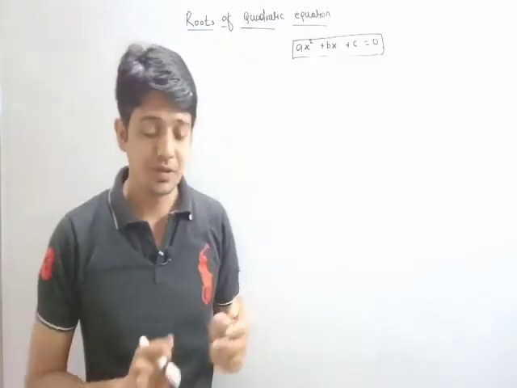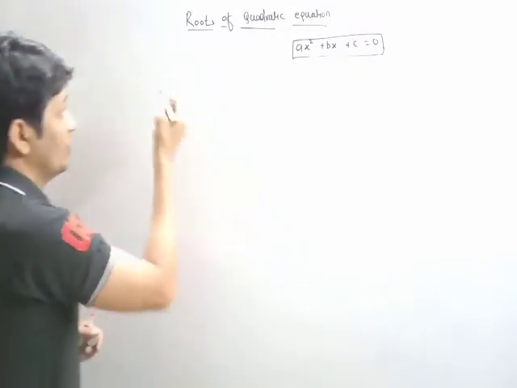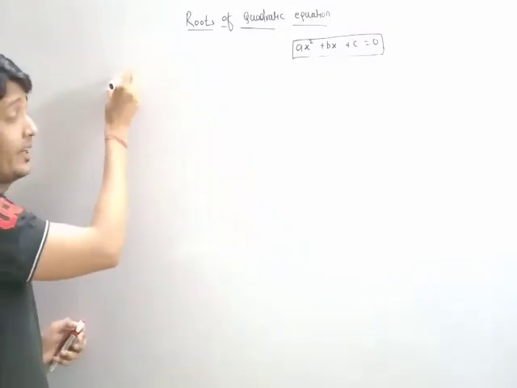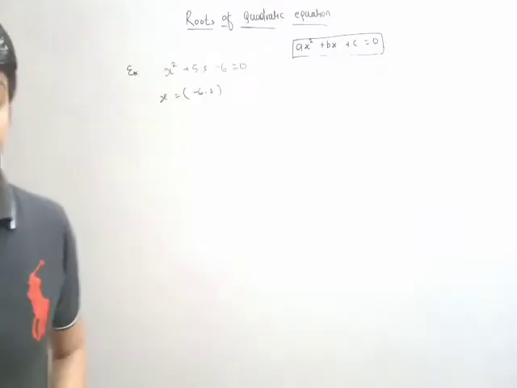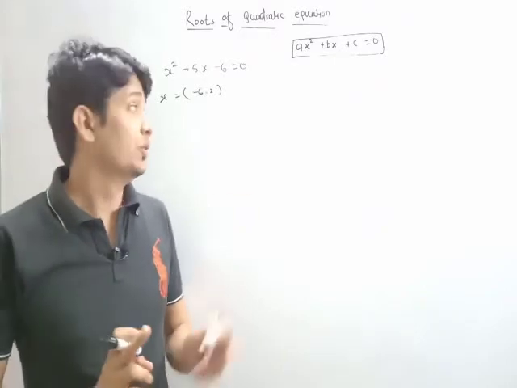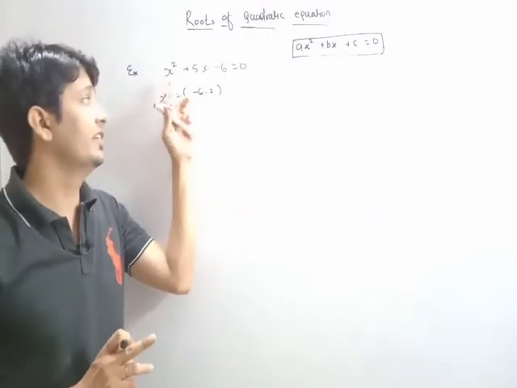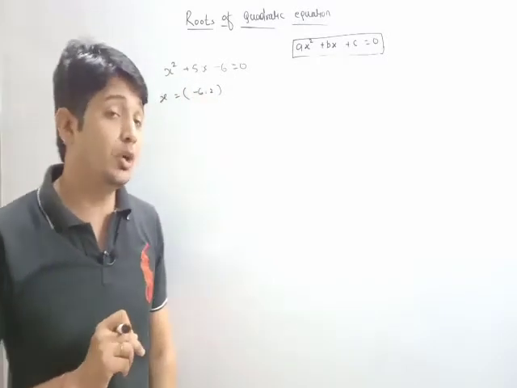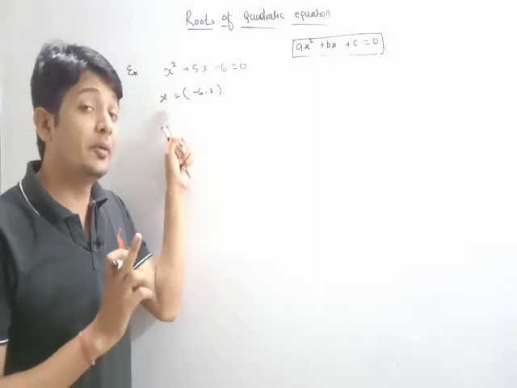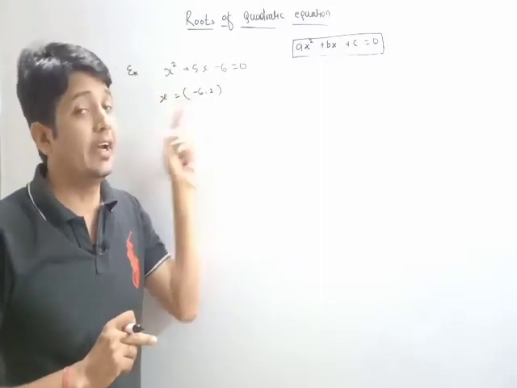We have to understand this by example, the example given in your textbook. The quadratic equation is x square plus 5x minus 6 equals 0, and two values, minus 6 and 2, are given as roots.